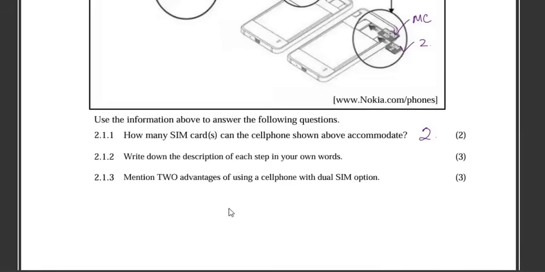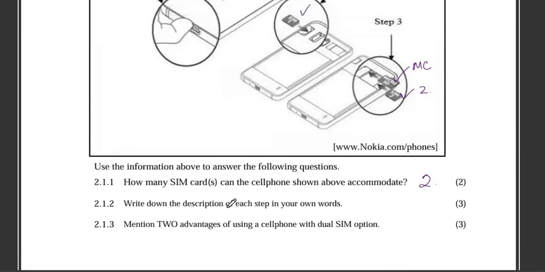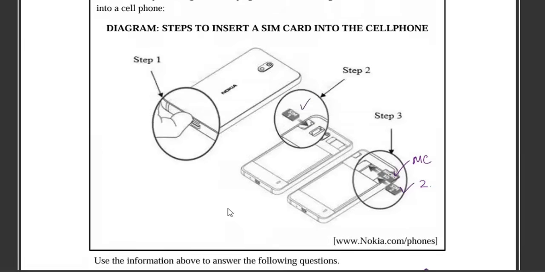Okay, write down the description of each step in your own words. Don't make sentences, don't make paragraphs. Simple statements. For example, what do you see in step number 1? You can say, remove the back cover of the phone.